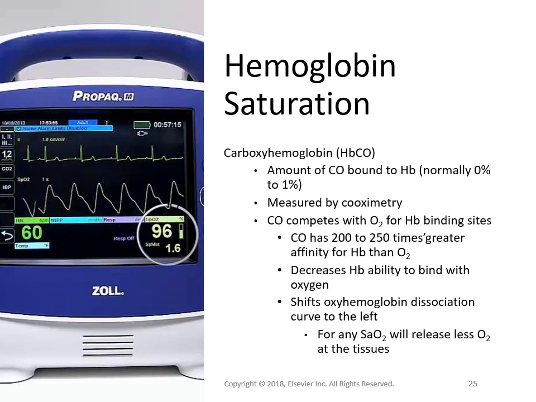Carbon monoxide has 200 to 250 times greater affinity for hemoglobin than oxygen. It decreases hemoglobin's ability to bind with oxygen. It shifts the oxyhemoglobin dissociation curve to the left, and for any saturation will release less oxygen at the tissues.